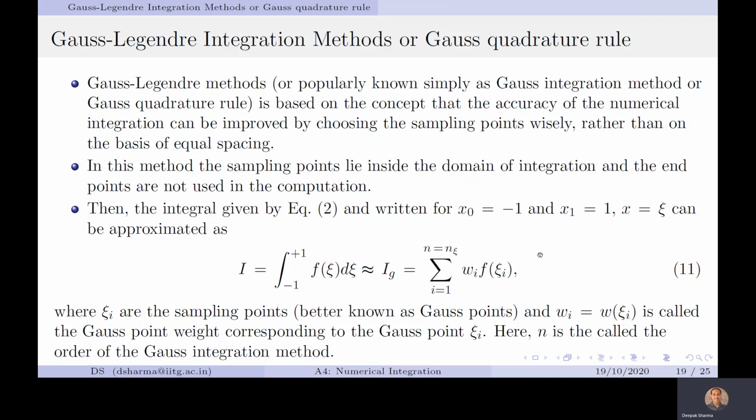In this particular case, our integral should lie from -1 to +1. So the earlier integral, which was x0 to x1, needs to be transformed in such a way that our limits change to -1 to +1. Here zeta i are the sampling points, which are known as Gauss points, and omega i are the Gauss weights.